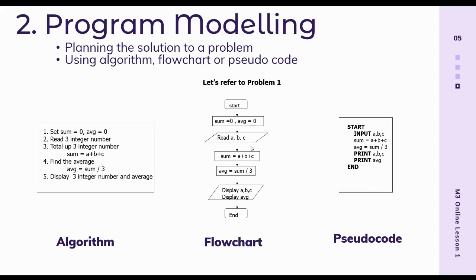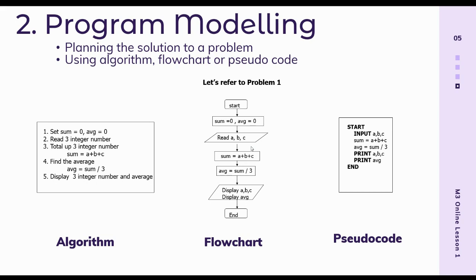Well, for the algorithm, number 1, we will set the sum and the average to 0 because we need to initialize our variables before beginning the program. Number 2, the program will read the three integer numbers given by the user. Number 3, we total up the three integer numbers using this formula: sum is equal to a plus b plus c.